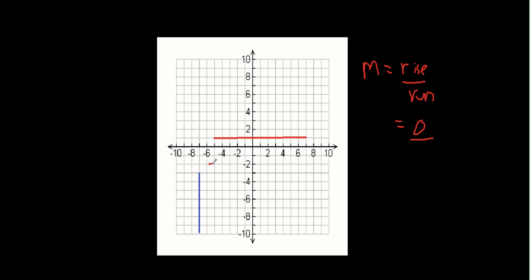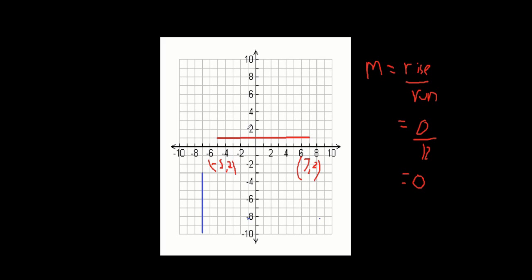So this is -5, 2, and 7, 2. So it would be 0 divided by 12, which should be 0. I didn't even have to calculate the run in this case. I already know that the rise is 0, so if I have 0 as our numerator, we're just going to get 0 for our slope. So horizontal lines, since they do not rise up or down, have a slope of 0.